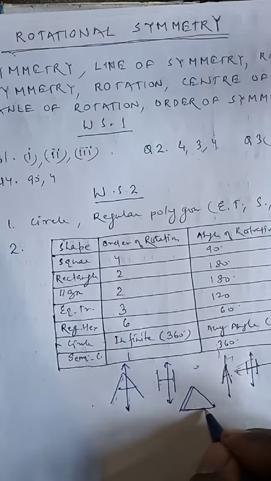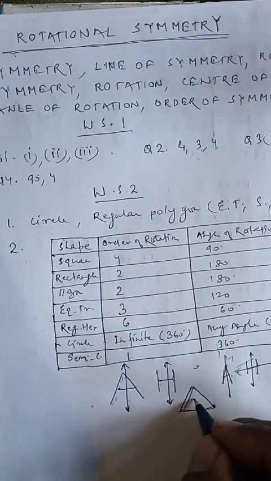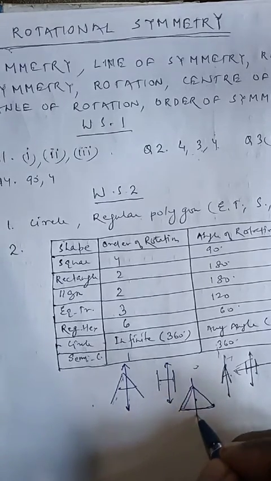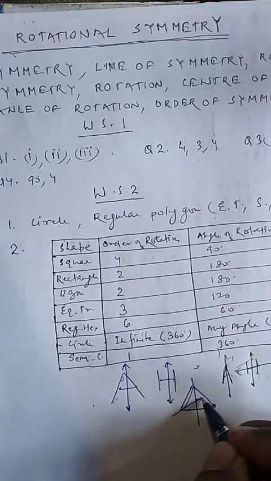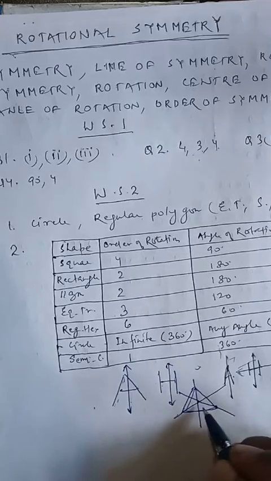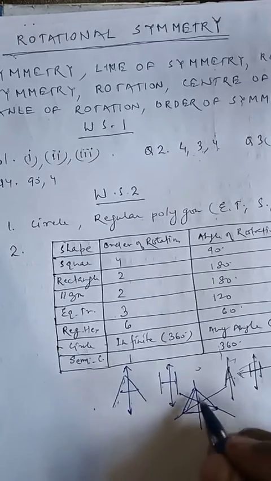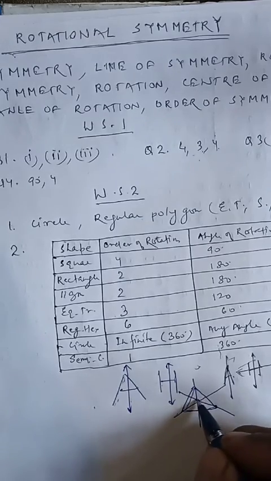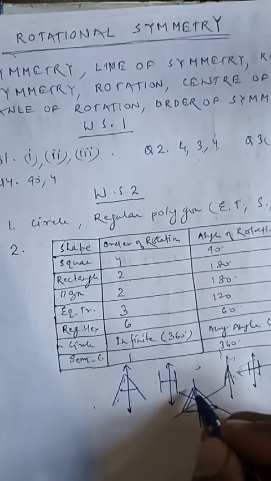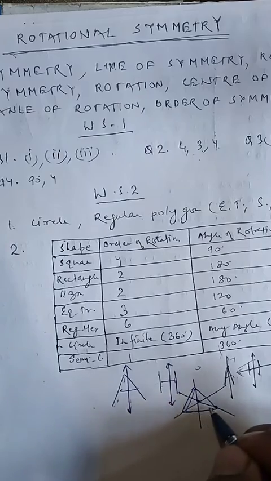For example, if you draw an equilateral triangle and rotate it at an angle of 120 degrees about this point, which is the point of intersection of all the angle bisectors or perpendicular bisectors or medians, we will again get the same figure. Is it clear? So these have rotational symmetry.